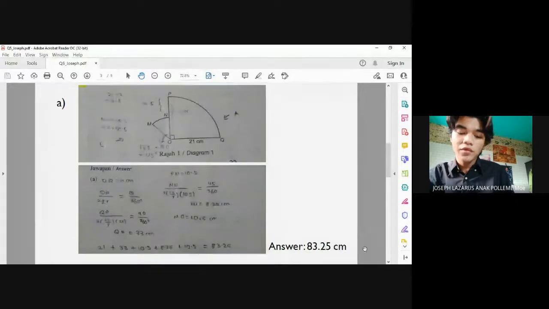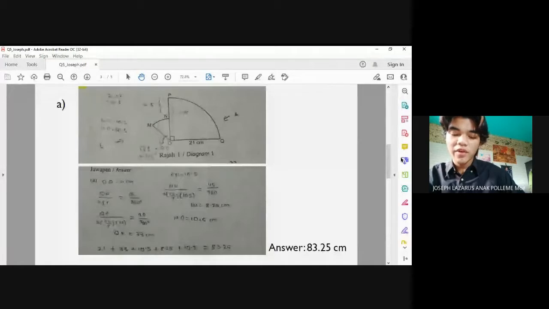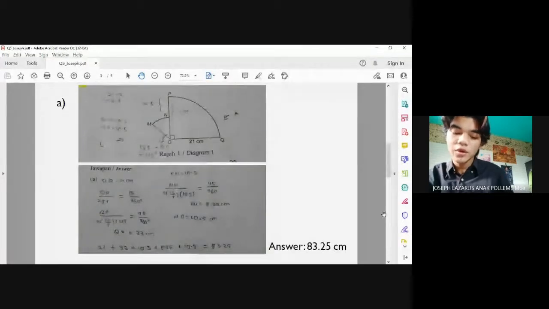To find the perimeter, sum all of the values of OQ, QP, PN, NM and MO. 21 plus 33 plus 10.5 plus 8.25 equal to 83.25 cm.